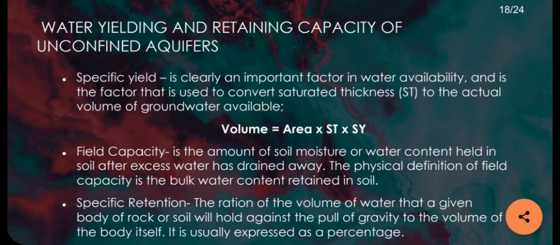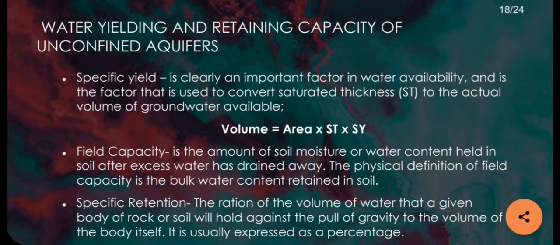Water yielding and retaining capacity of unconfined aquifers. Specific yield is clearly an important factor in water availability and is the factor that is used to convert saturated thickness to the actual volume of groundwater available.